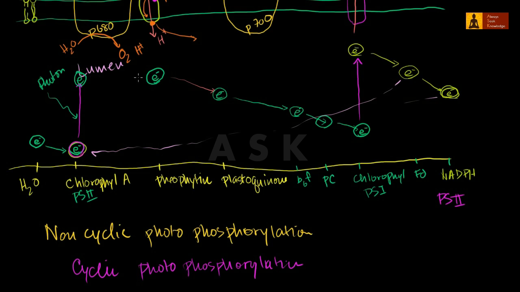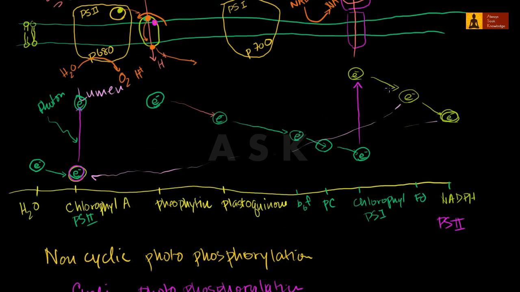It gets excited here, goes from molecule to molecule, to lower energy states. Hydrogen gets pumped into the lumen, it gets excited again in photosystem 1, and then enters lower and lower energy states, but then ends up again in photosystem 2. That is cyclic photophosphorylation. So you can imagine in this situation, since the electron never ends up at NADP+, you don't end up producing NADPH.